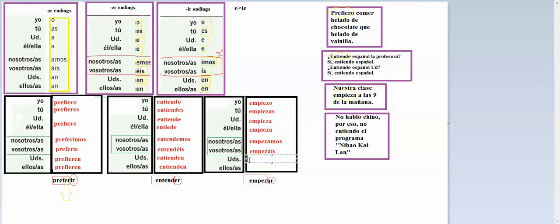And for ustedes, here's my stem. I am going to make the change because this is outside of the green box. And I'm going to add an AN because that's the endings that go with ustedes. And I'm going to do the same thing down here. Empez is my stem. I'm going to make the change because I'm outside of the box. And I'm going to add an AN for ellos, ellas, ustedes.